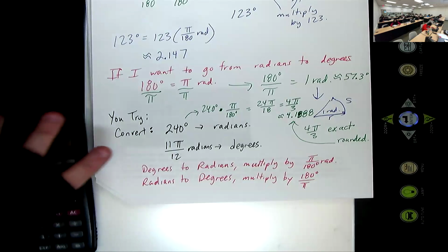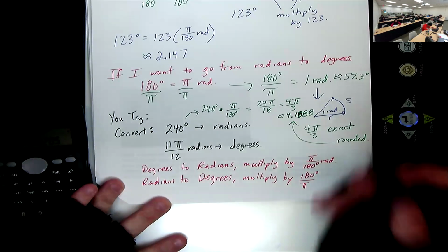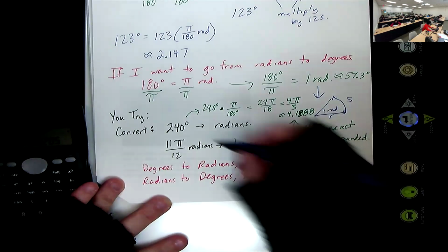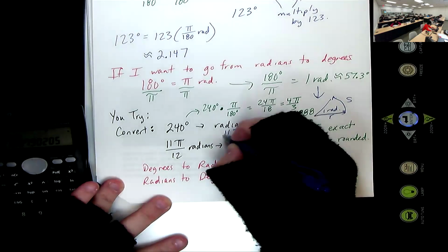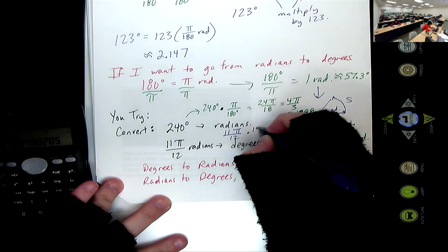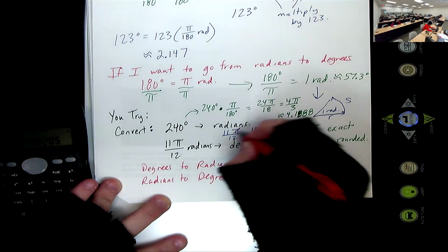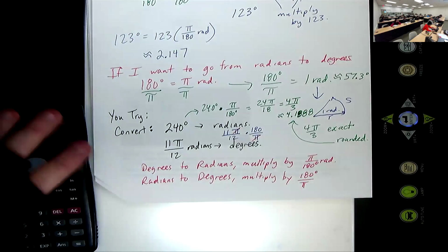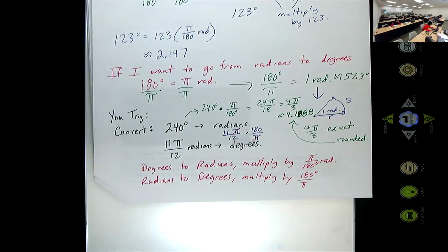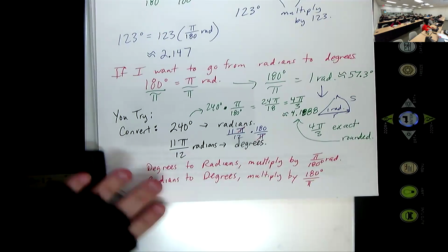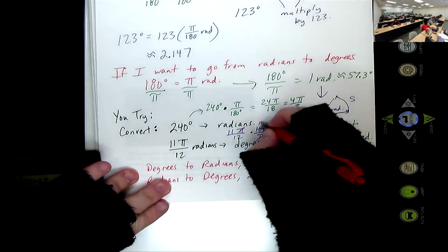If I wanna do the other one, 11 pi/12 radians to degrees, I'm gonna take 11 pi/12 and multiply it by 180/pi. Pi cancels. And I'm pretty sure 180 is evenly divisible by 12. 180 is 12 times 15.